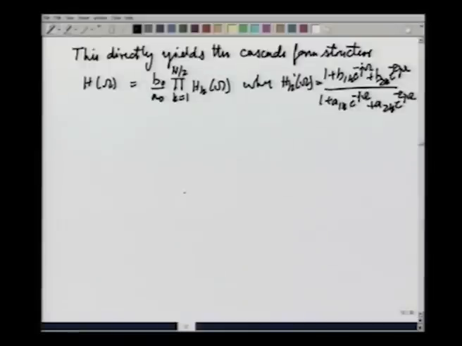Now, how do we implement just this much? How do we implement hk of omega? Remember that these are discrete systems and there is no problem employing delay blocks.